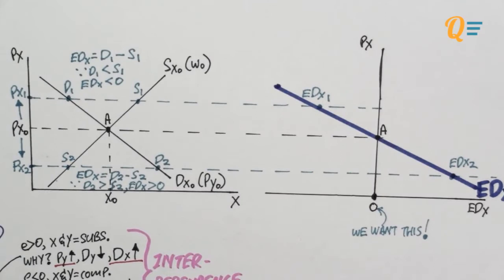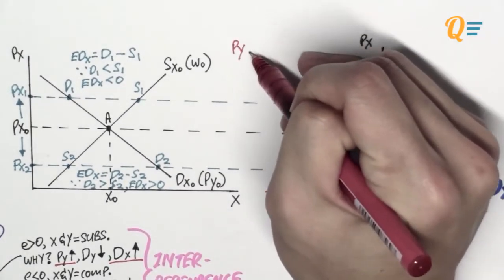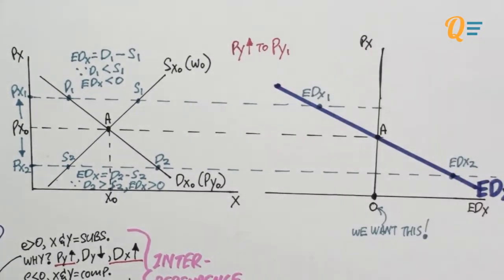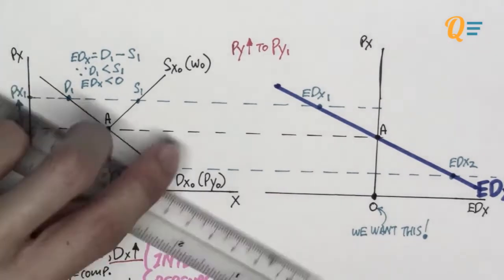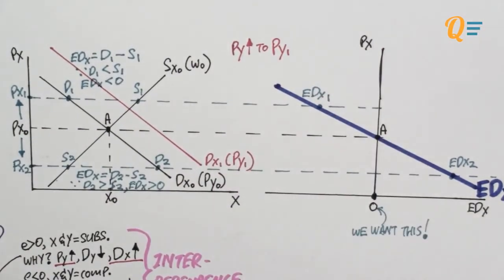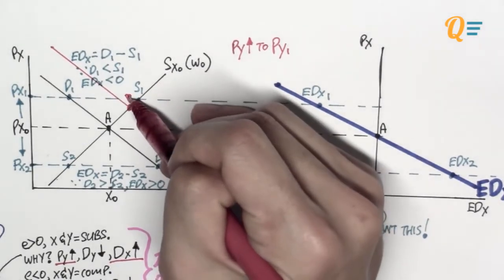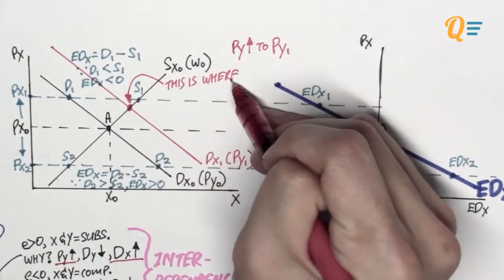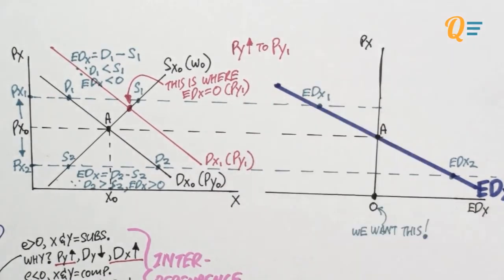Let's assume that the price of Y is going to increase to PY1. We've just established previously that when the price of Y increases, the demand for X is going to increase, causing this demand curve to shift out. So we need to be over here. This is partial equilibrium for the market for good X, and that is also where the excess demand for good X equals 0, given that the price of Y is PY1.